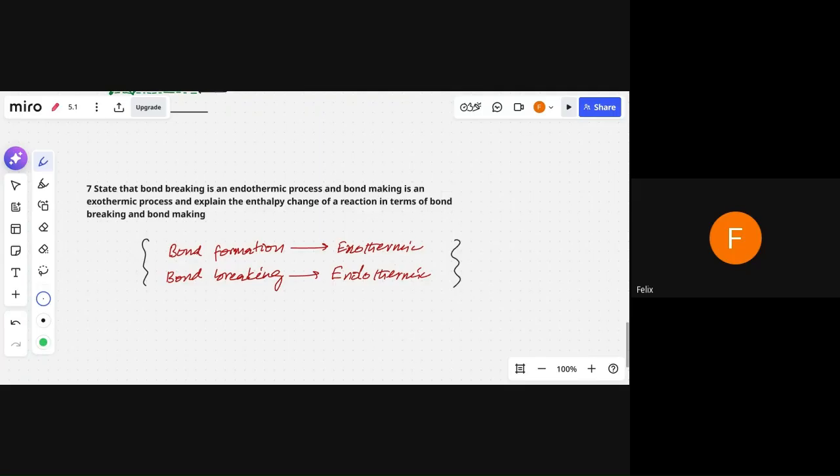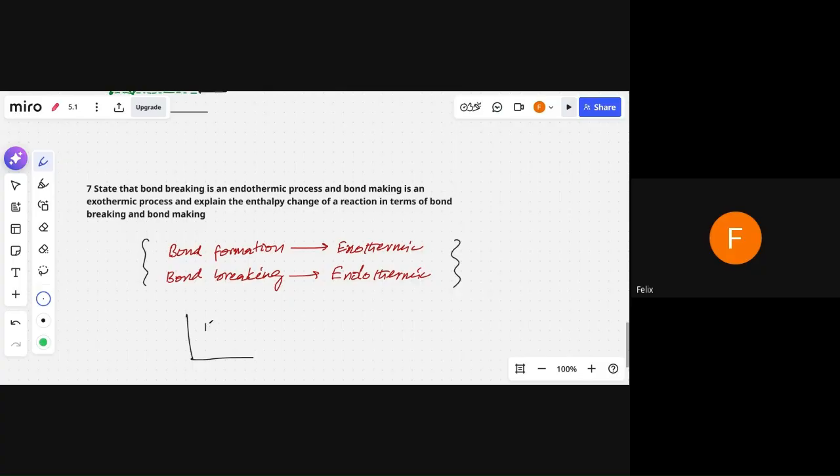Especially biology teachers, when they explain that breakdown of glucose releases energy, they believe that energy is released when the glucose molecule is being broken, which is not the case. That is totally wrong. So remember that you should ask yourself why atoms make bonds. They make bonds so that they can come to a lower energy level, right? So what does it mean?